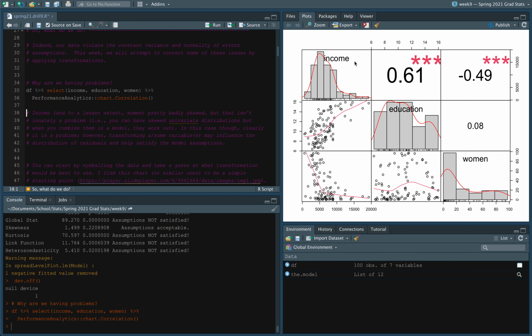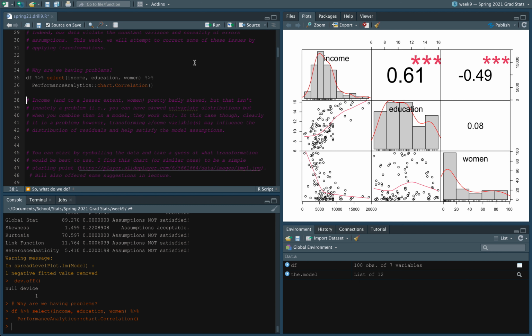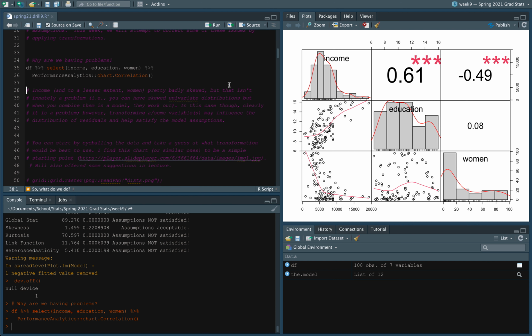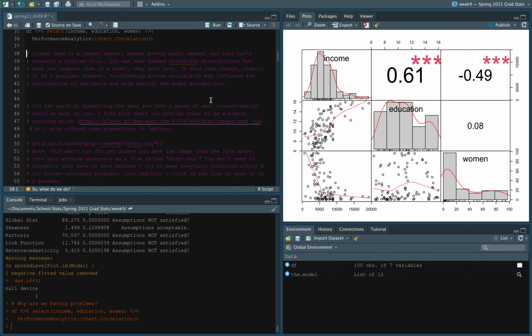In this case, it is clearly a problem, because we've already checked our model assumptions, and we see that we don't have constant variance and we don't have our linearity assumptions satisfied. So in this case, we do need to do something. We could try transforming a variable, or even multiple variables, if we needed to, to satisfy those model assumptions.